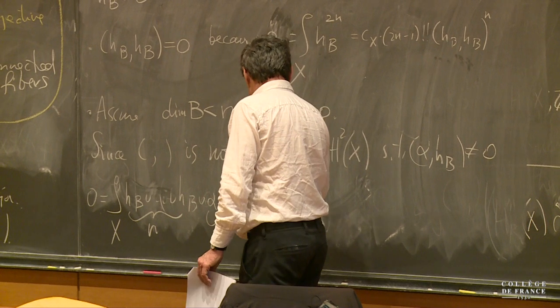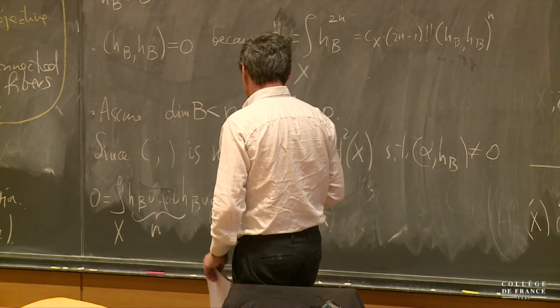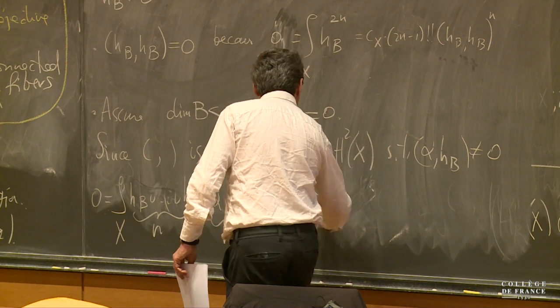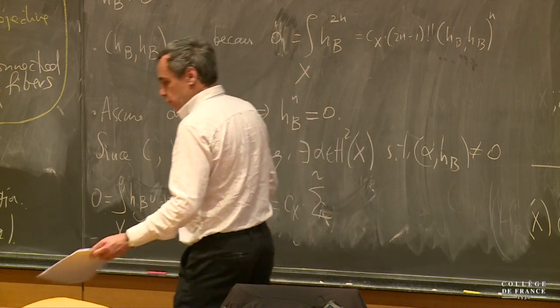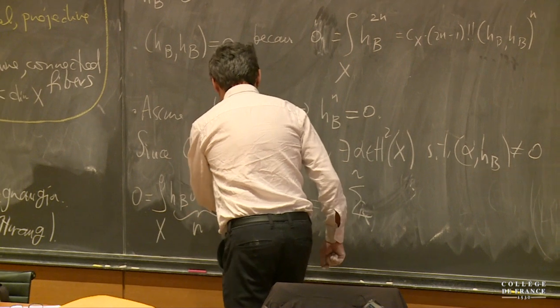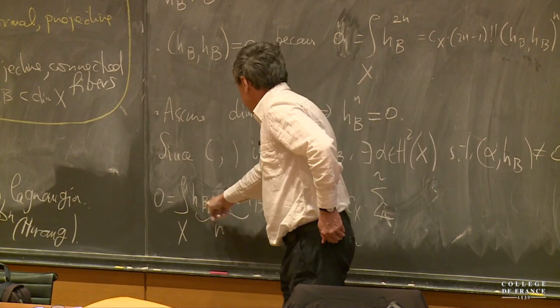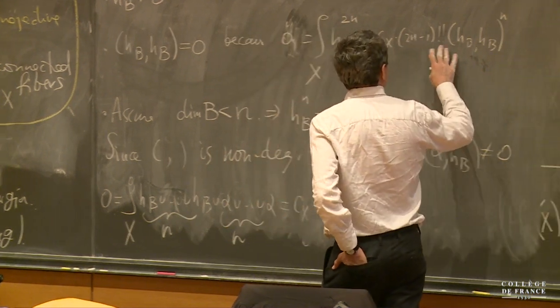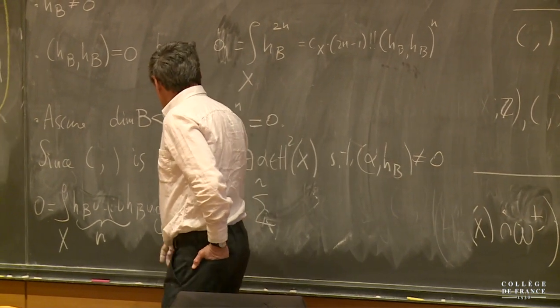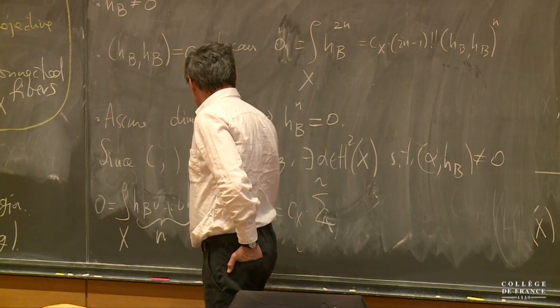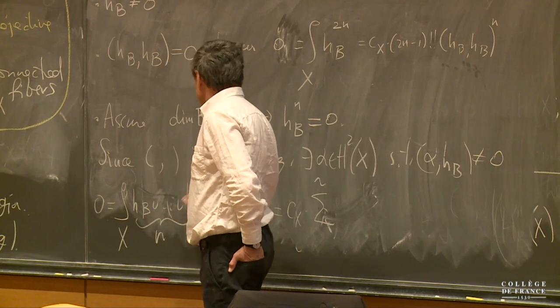But if we apply the formula we had before, we have C_X times the sum over all possible ways in which we couple the classes together. If we couple H_B with itself, we get 0. So the only non-zero contributions are when we couple H_B with alpha, n times.